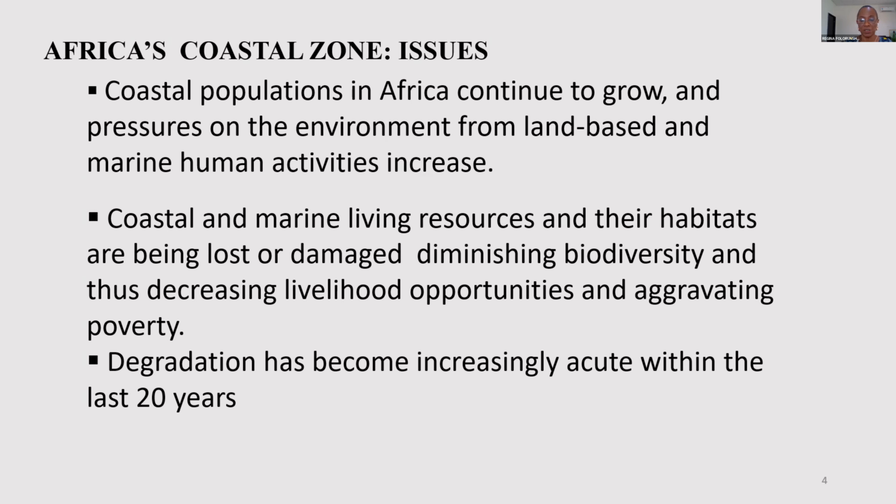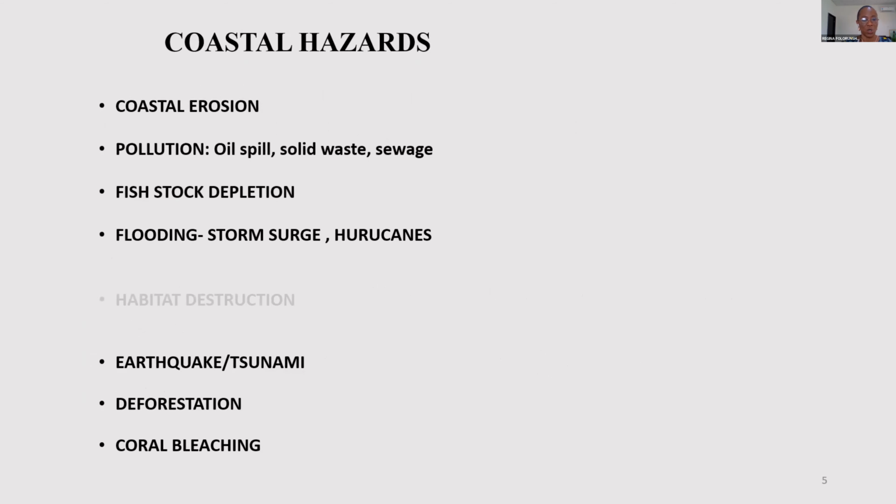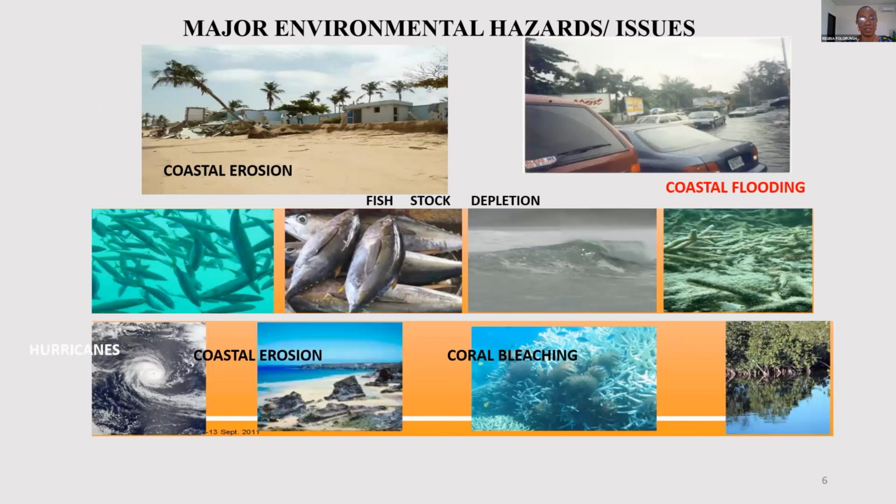Degradation has become increasingly acute within the last 20 years. Coastal erosion, pollution, fish stock depletion, habitat destruction, biodiversity loss, and coral bleaching are some of the pointers. Now you can see pictorially what I mean by that.